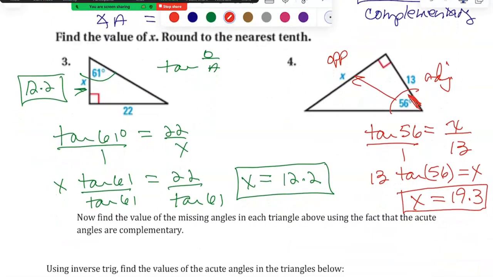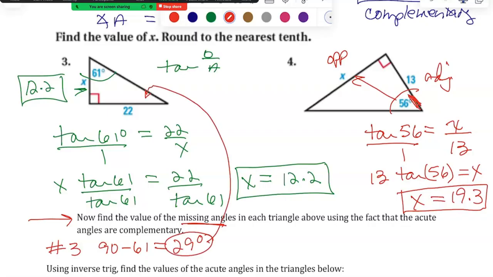Then it says right here, now find the value of the missing angles in each triangle above using the fact that the acute angles are complementary. So number 3, 90 minus 61 in your calculator. That's 29 degrees.